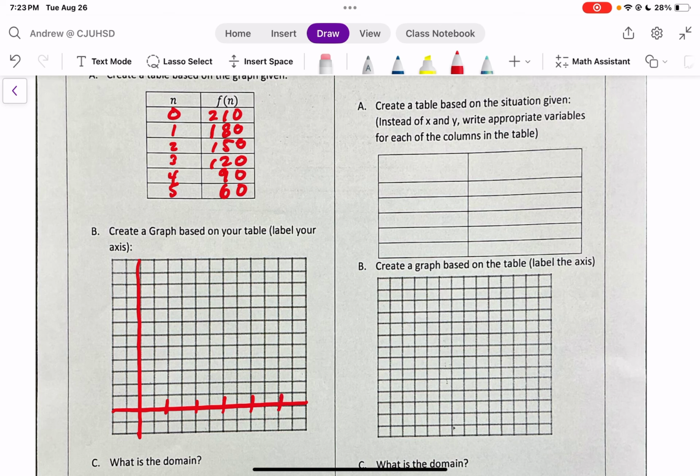Going vertically, I have to get up to 210. So how about every 4 is 100? So that's one way we could do it. And then we'll just put the dots on there, just approximately where they would go. We don't have to get it exact.